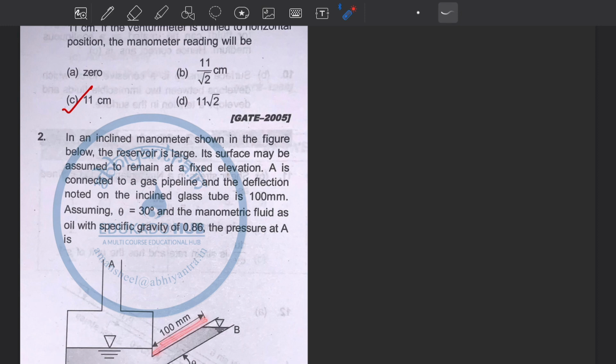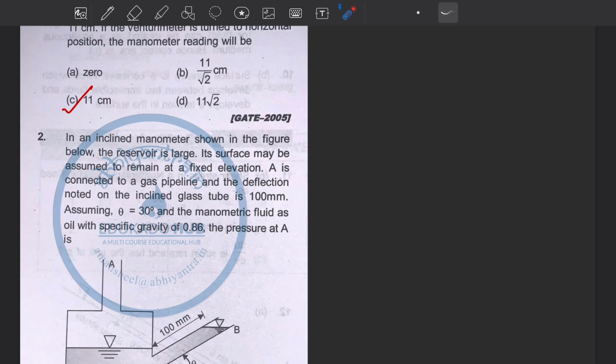Assuming theta equal to 30 degrees, and the manometric fluid as oil with a specific gravity of 0.86. The pressure at A is the value of pressure we need to calculate.